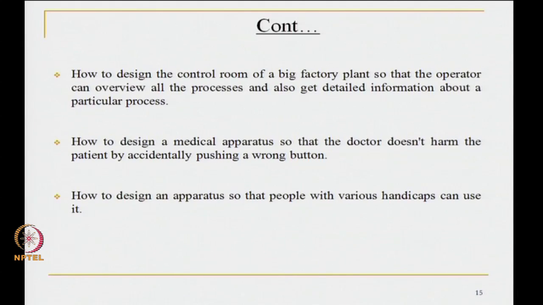For example, moving away from lay user systems to technical situations which may be industry based or which may require subject expertise, one has to recognize that one has to design the control room of a big factory, as is stated here, plant, so that the operator can overview all the processes and also get detailed information about a particular process.